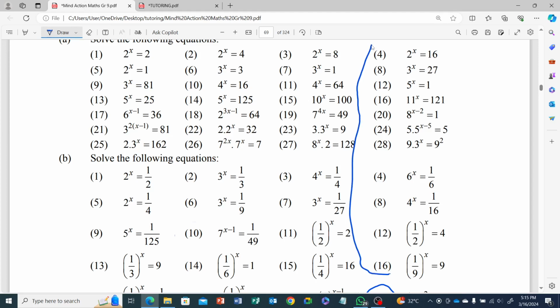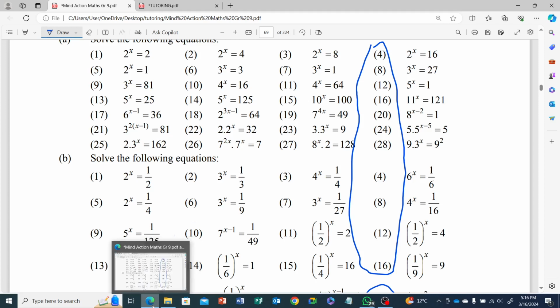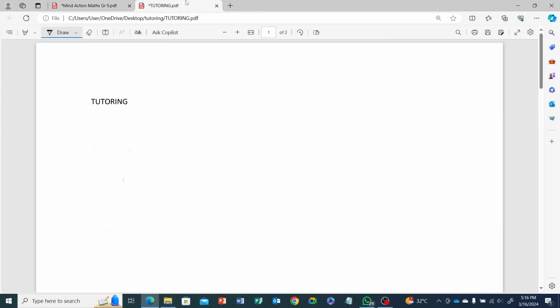I will try to do most of them, if not all. Then let's see where we get to. Okay, you can take a screenshot, a picture, pause the video, deal with them, unpause it, and solve it by yourself. I'm fine with any of those.